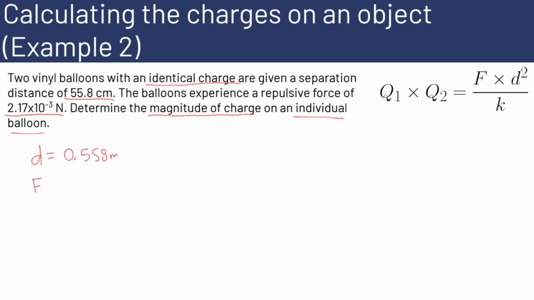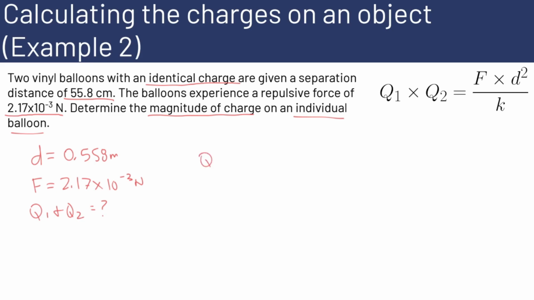Our force between the two charges is 2.17 times 10 to the minus 3 newtons, and we're trying to figure out Q1 and Q2. So they have identical charges, so they each have the same charge. So our equation up here, Q1 times Q2 equals F times D squared over K. So this is just a rearrangement of the force equation.